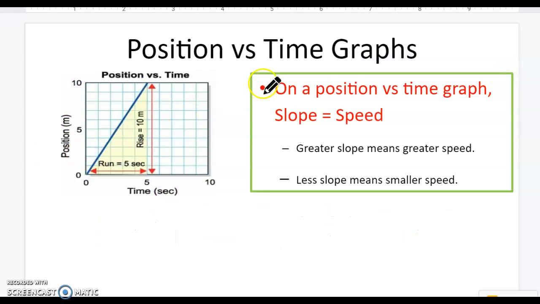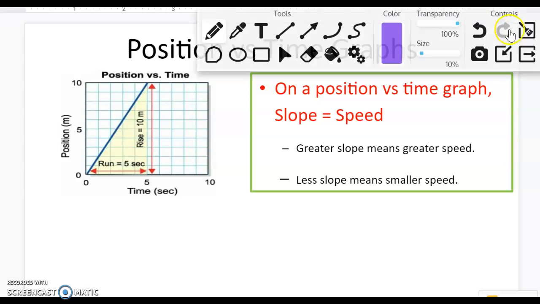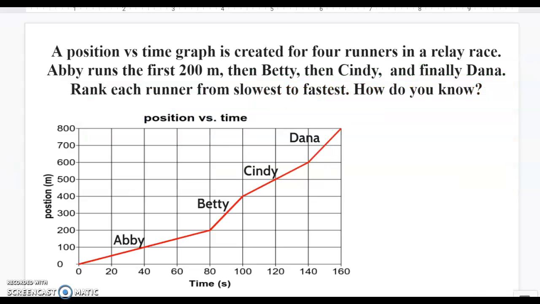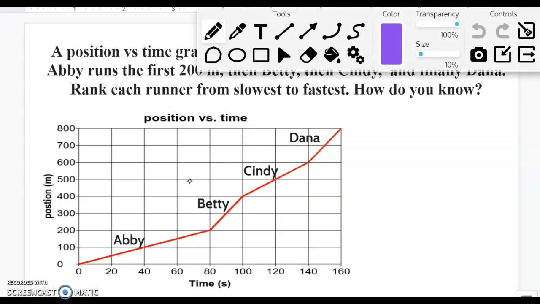So when we look at a graph like the next one here, there are 4 runners: Abby, Betty, Cindy, and Dana. And you could tell who's fastest and who's the slowest in this race. We would say that Abby is probably the slowest because the slope of her line is more shallow.